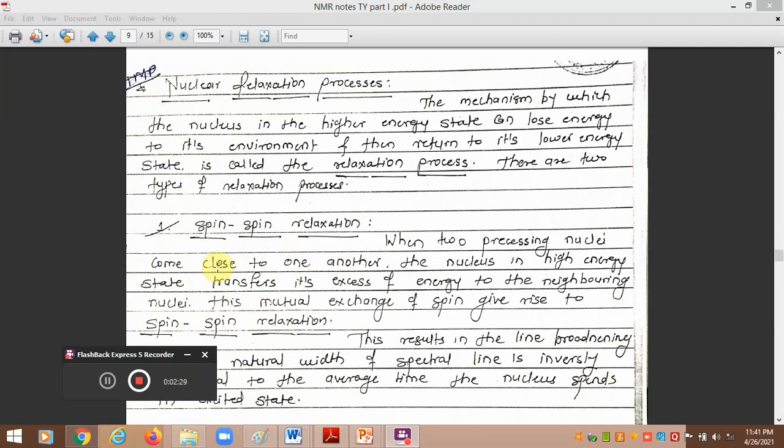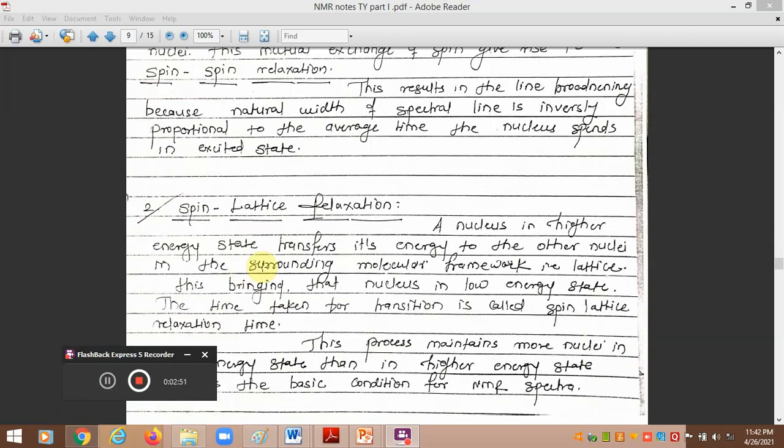This is a very important mechanism by which the energy of one excited state nucleus is transferred to other precessing nuclei in the spinning state, and it results in broadening of the line in the spectra, because the width of the spectral line is inversely proportional to the average time the nucleus spends in the excited state.